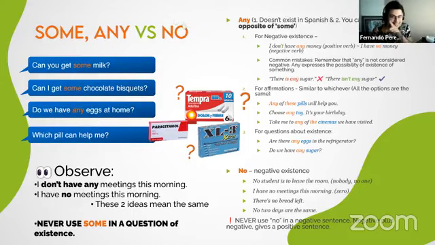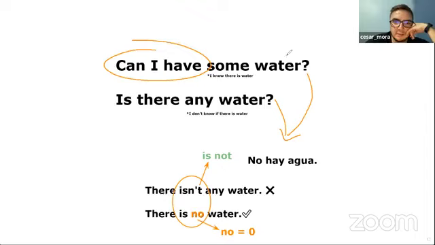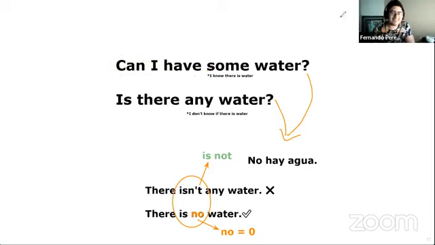You need to take care of the example because one example was about existence and the other was "can I have?" No, this is a petition. Please give me. Okay, I'm confused because I know that you have water in your house. That's the reason you use some. I know that there is water, so you say can I have some water?